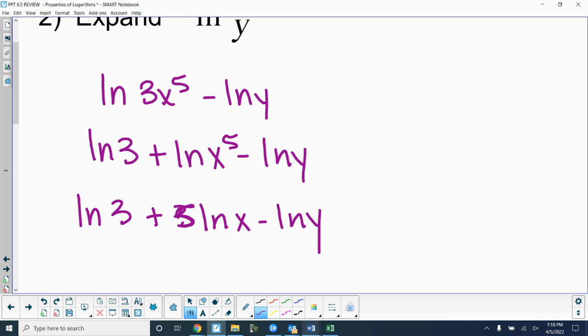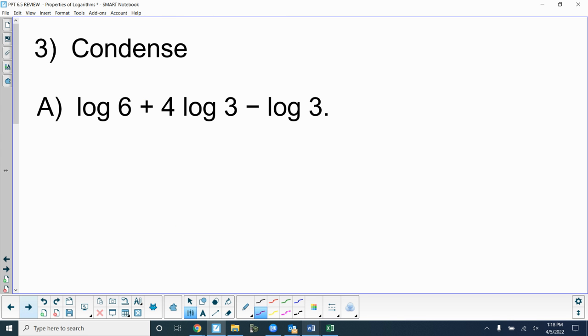You're not done. All right. Condense it. Where does this 4 go? There. What do I do with these 2? Multiply. So it's log of 6 times 3 to the 4th. This means what? Divided by 3, right? Whatever that is.